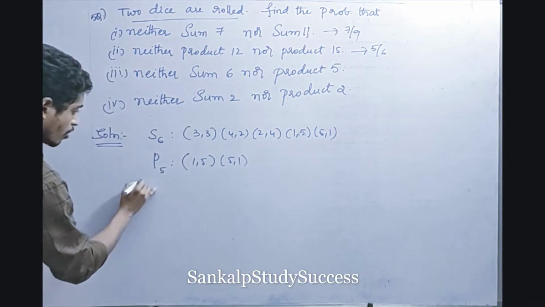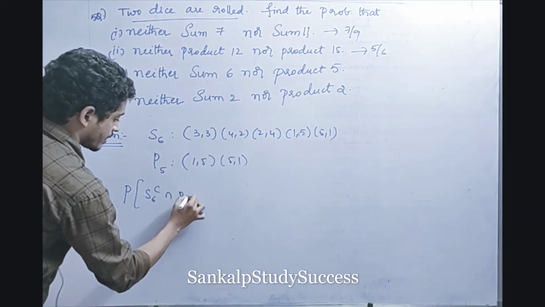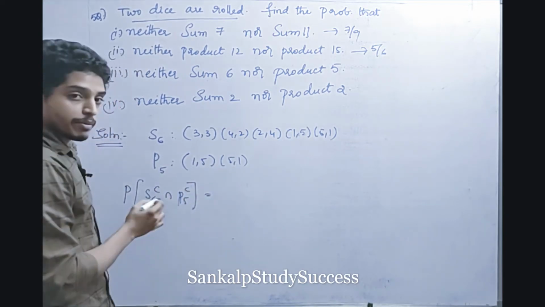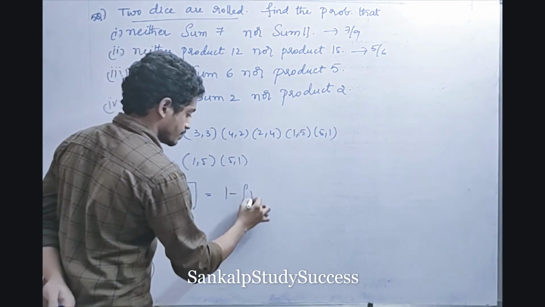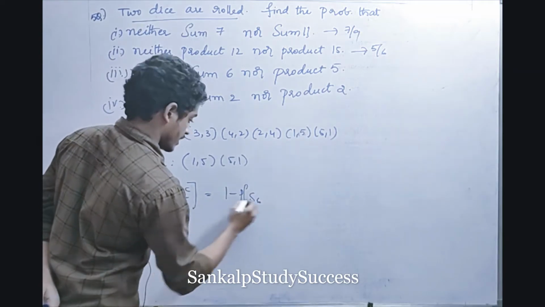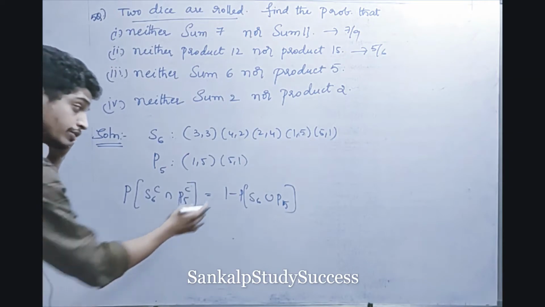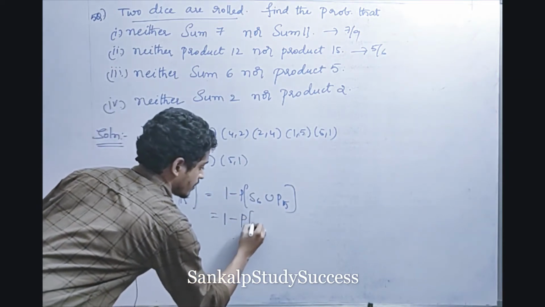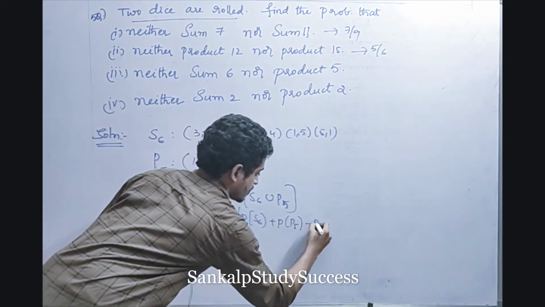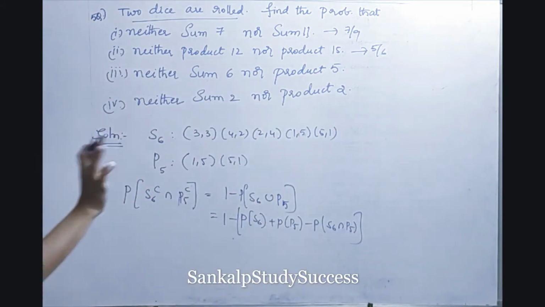So probability of S6 complement intersection P15 complement. What is the formula again? P of A complement intersection B complement is 1 minus P of (S6 union P15). Using the addition theorem, 1 minus [P of S6 plus P of P15 minus P of S6 intersection P15]. The total is 36.